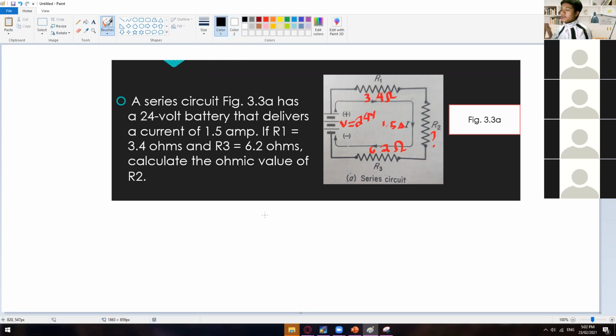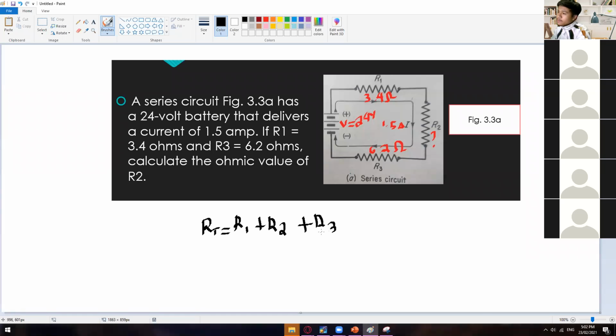All right, so from there, you can actually come up with an expression wherein R total is equal to R1 plus R2 plus R3. And as you can see, we have two missing values, which are the RT and the R2.